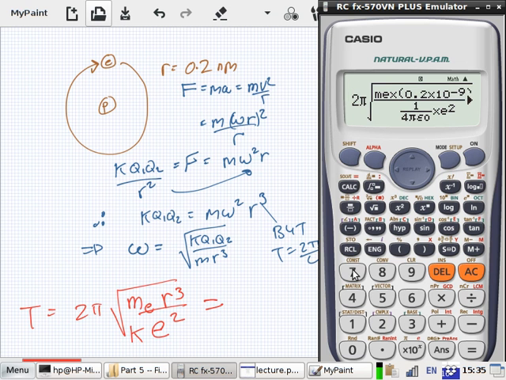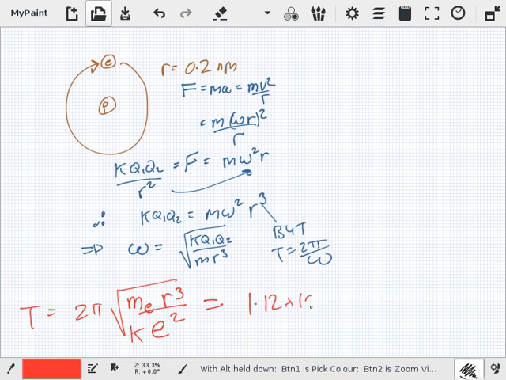It's 1.12 times 10 to the minus 15. Hang on, let me think.